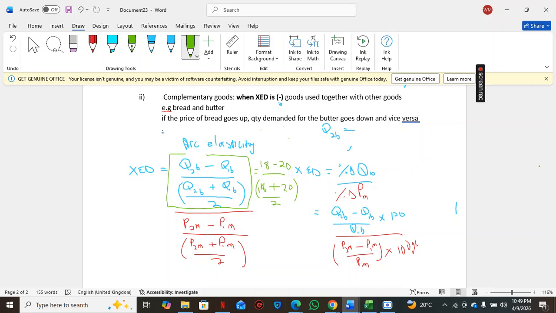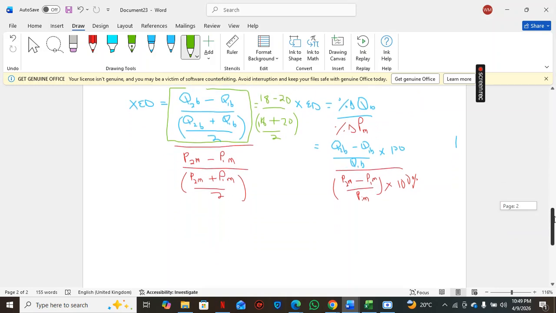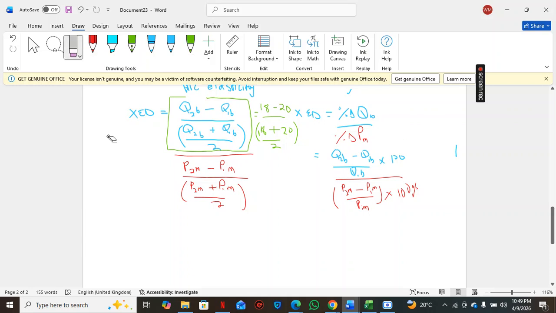Let me put my workings down because there's no space. So 18 minus 20, that is negative 2. For the bottom part, don't divide these two straight.